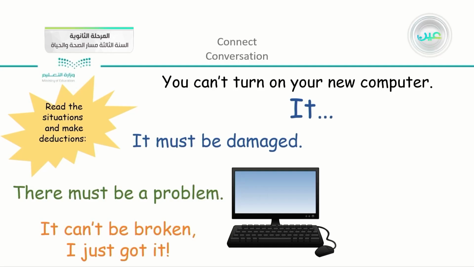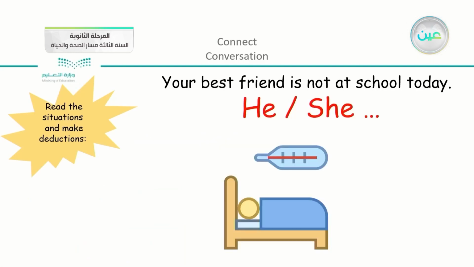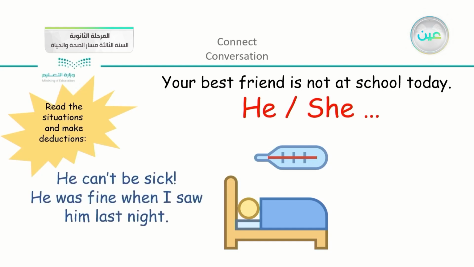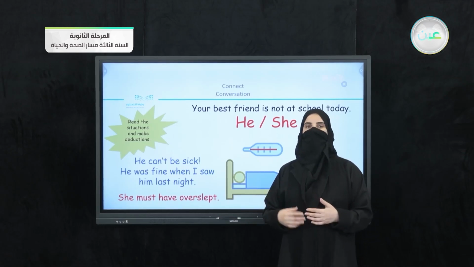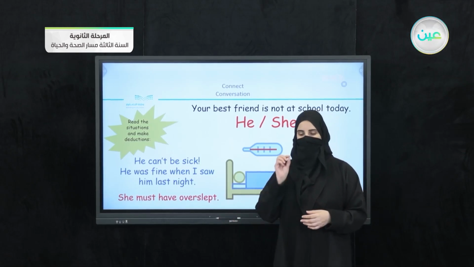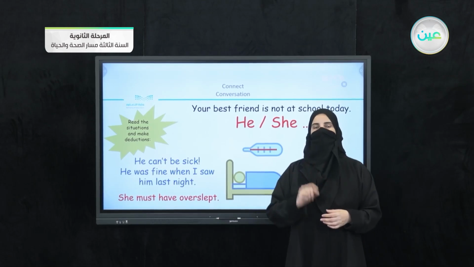So three sentences that have three different meanings of deduction. Your best friend is not at school today. So he or she, he can't be sick. He was fine when I saw him last night. She must have overslept. So any different sentence that you can come up with, you can have also different sentences in mind, but the basic thing that you have to put in mind is to use deduction.